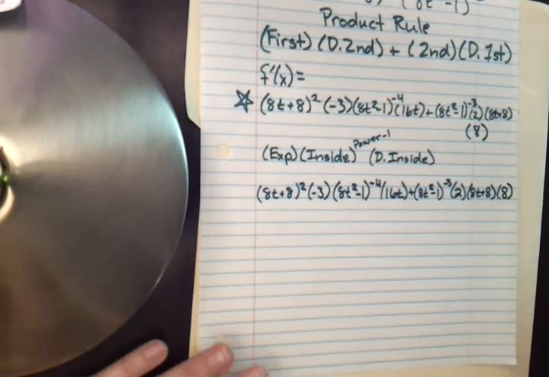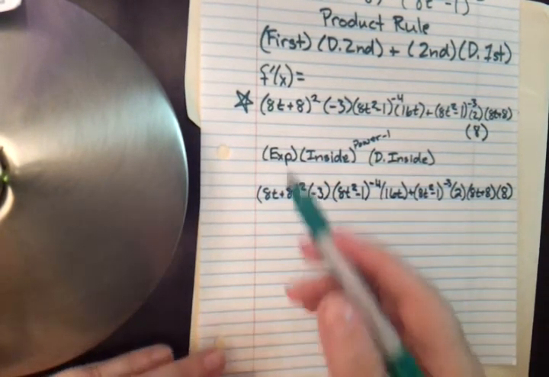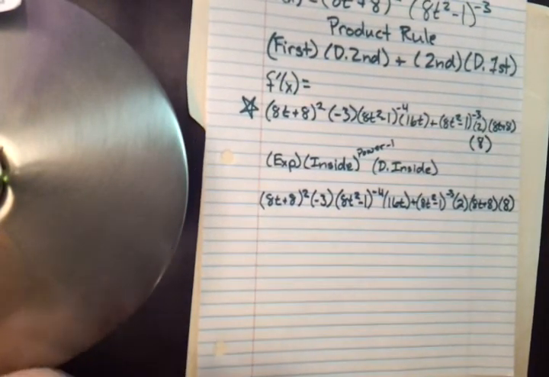A lot of numbers, but we just did all of those steps in a row and stopped. So this is the answer that you plug in. Don't simplify. WebAssign is actually your friend on this. It does not require you to do too many extra steps.